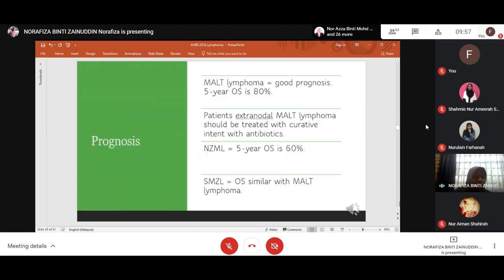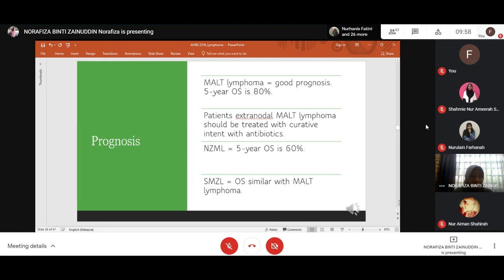All right, these are the prognoses. The prognosis of those with marginal zone lymphoma is often quite good. Patients with limited stage marginal zone lymphoma, extranodal one, can be treated with curative intent, with antibiotics or locally directed therapy.